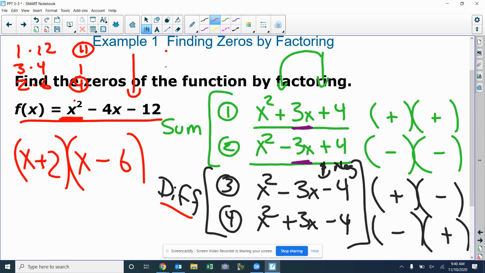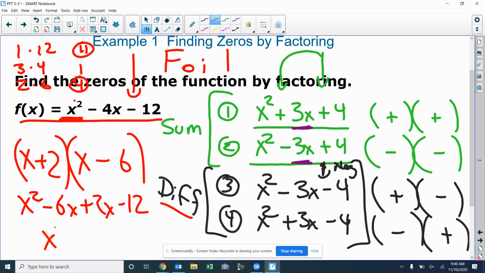Well, we check by first, outer, inner, and last, don't we? The old famed FOIL. X times x is x squared minus 6x plus 2x minus 12. X squared minus 4x minus 12, and that's what we started with.